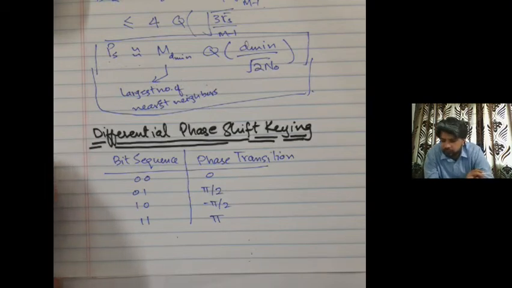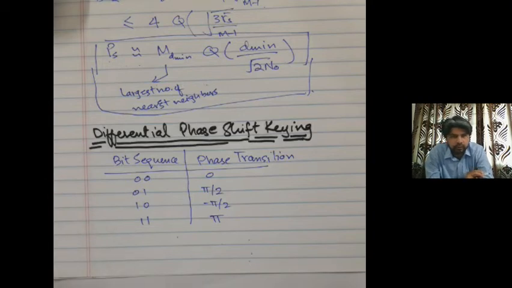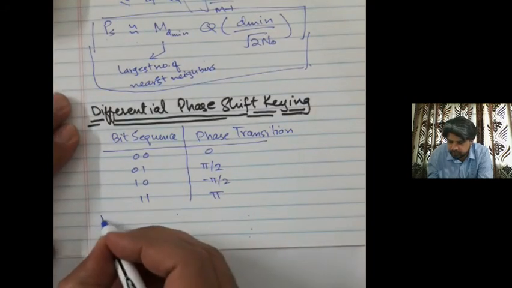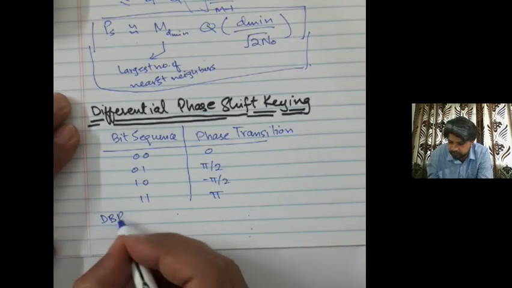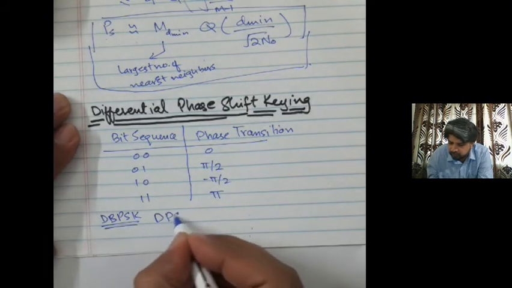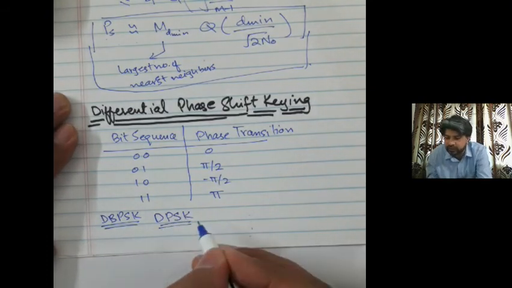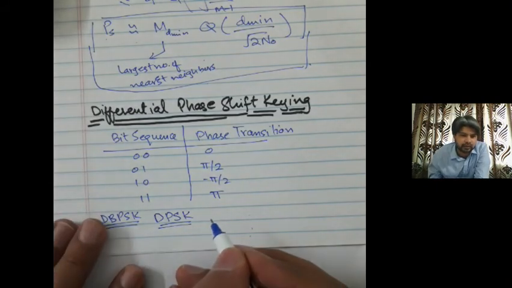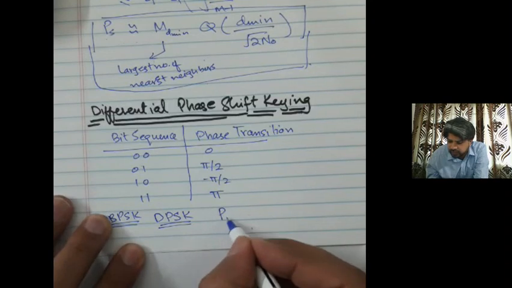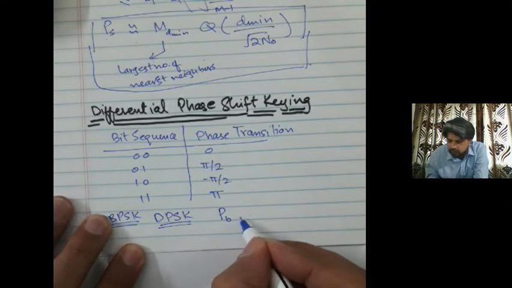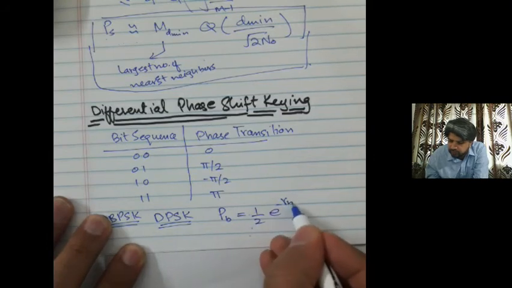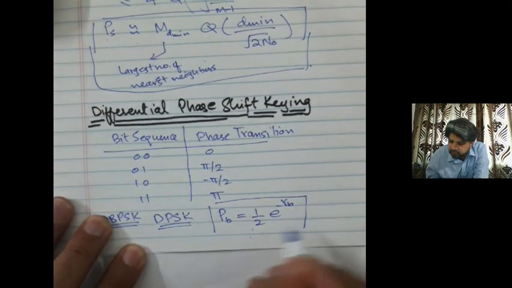But the important thing here is that the error probability equation for M-ary differential phase shift keying is pretty difficult. But fortunately, for a binary differential phase shift keying, which is also called DBPSK or DPSK in short, the error probability equation turns out to be a very simple equation in terms of signal to noise ratio or Es over N naught.